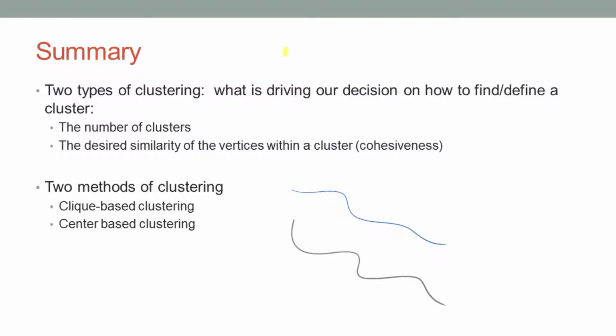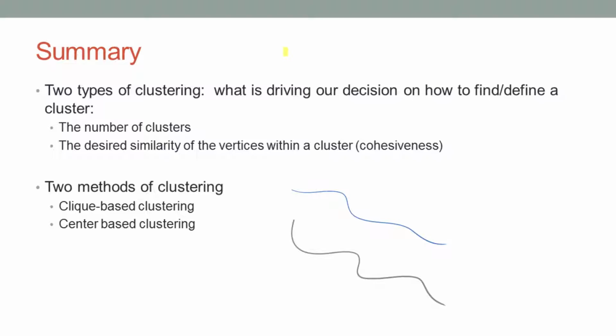So, in summary, there are two types of methods. One is we're really interested in the number of clusters, say K clustering algorithms where we have a predetermined K. And the other one is we do not put a constraint on the number of clusters.